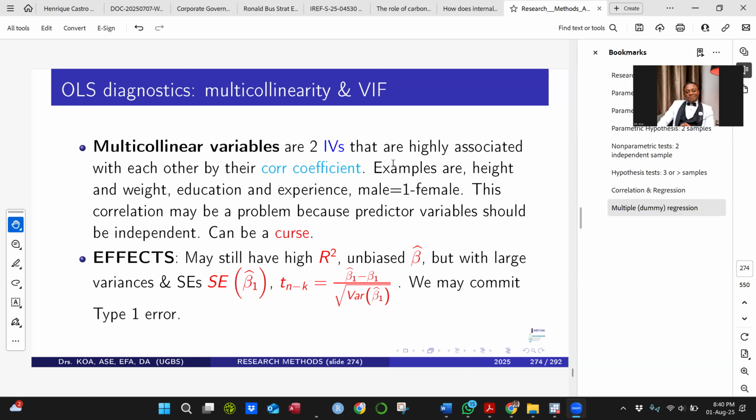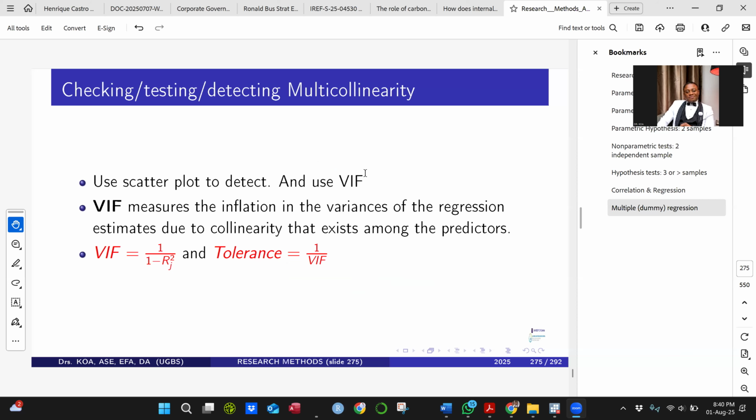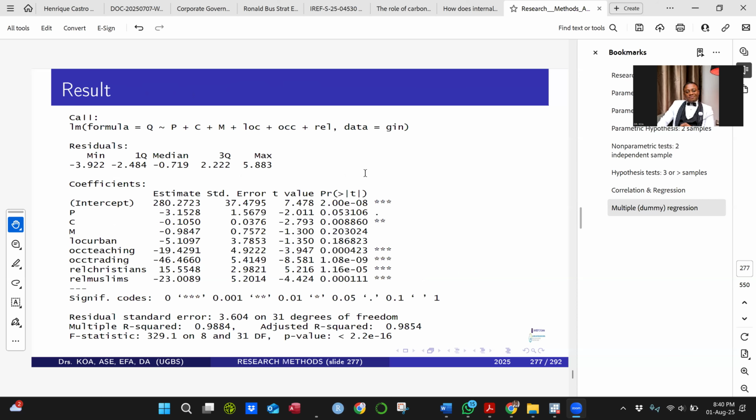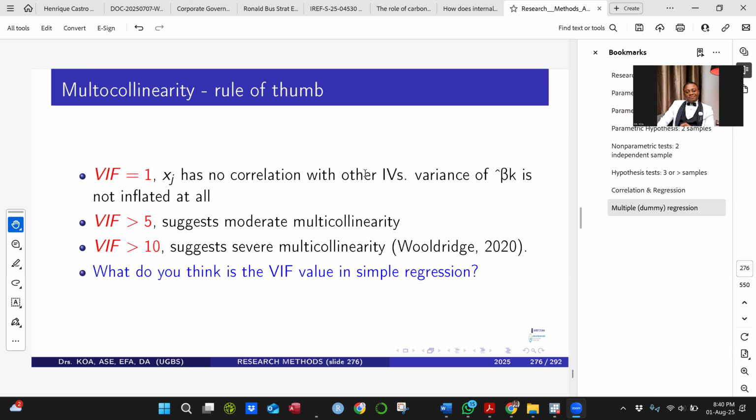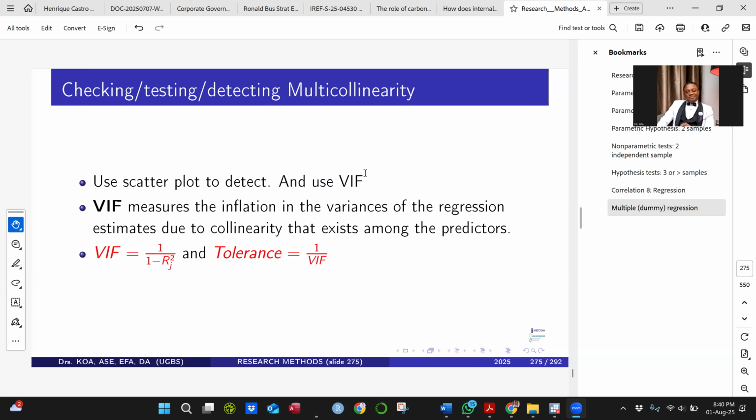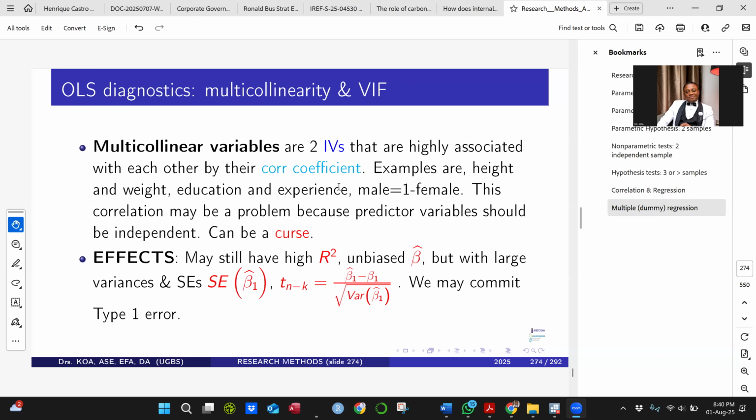You see, when you do your correlation matrix, and I'll tell you about the correlation matrix very soon, it will show clearly that some of the independent variables have got high coefficients. Now, let me tell you something about independent variables.